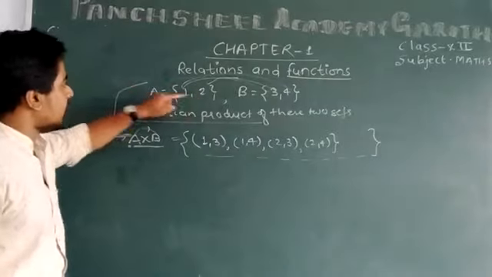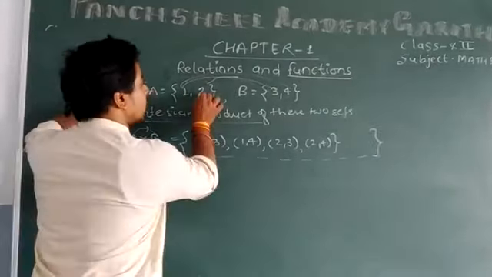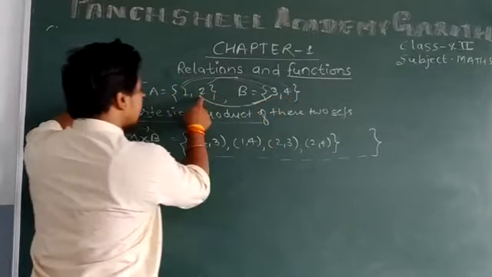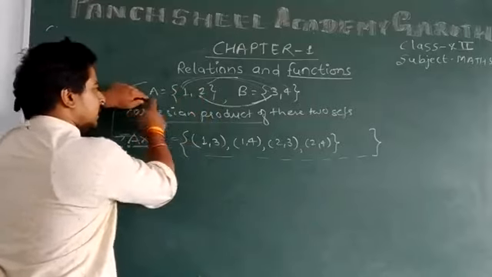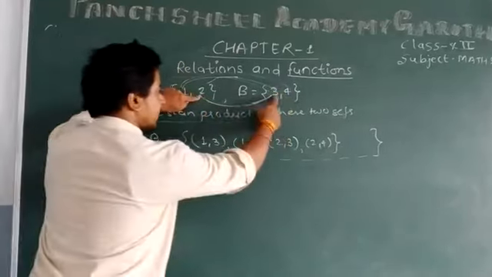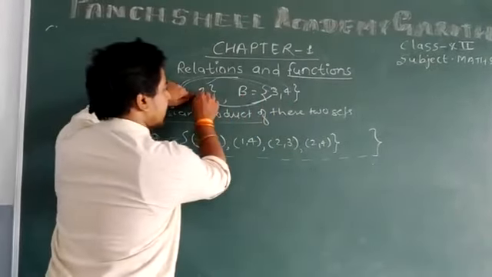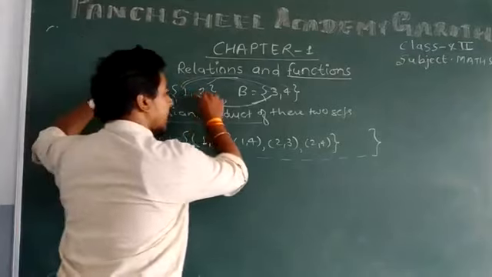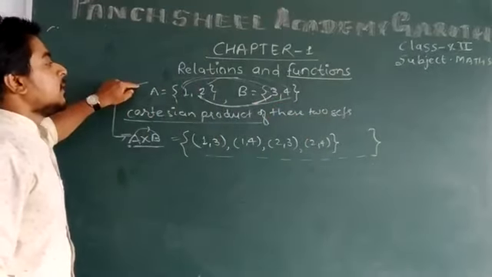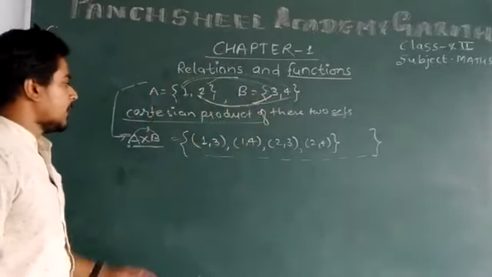The second element of the first set forms an ordered pair with the first element of the second set, that is (2, 3), and again with the second element of the second set.